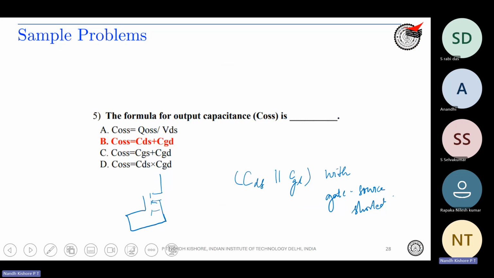So basically what we did was we shorted the gate and source, and effectively the capacitance is going to be these two capacitances appearing in parallel, right? CDS and CGD. Correct?